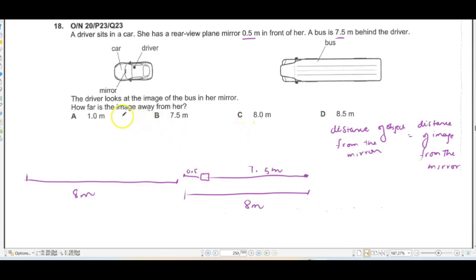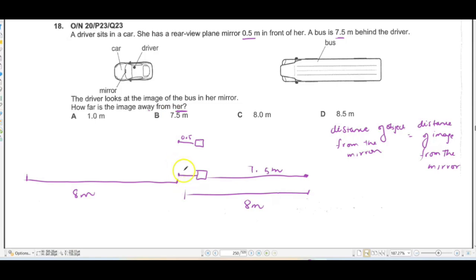But they haven't asked you what is the distance of the image from the mirror. They've asked you how far is the image away from the driver. So the image is 8 meters away from the mirror. ठीक है? Let's make it over here.